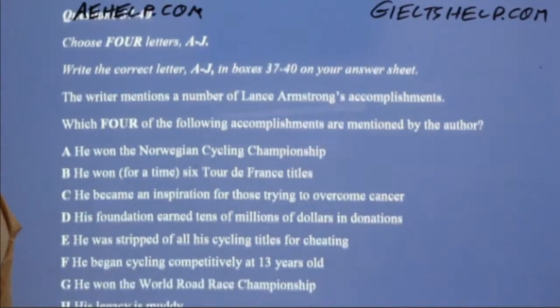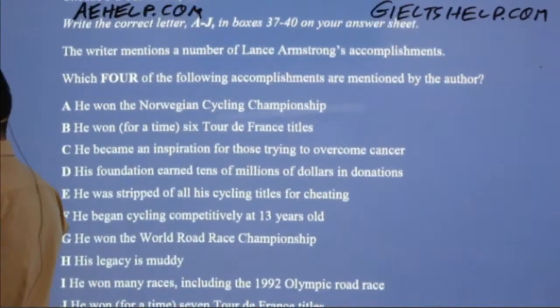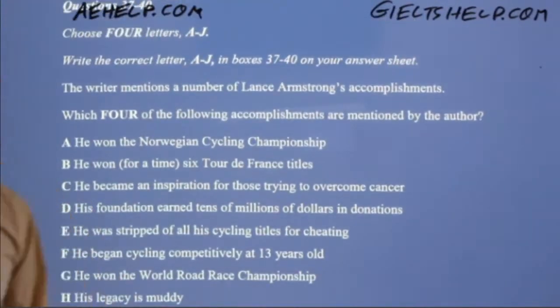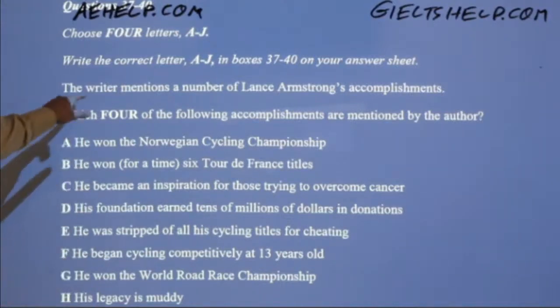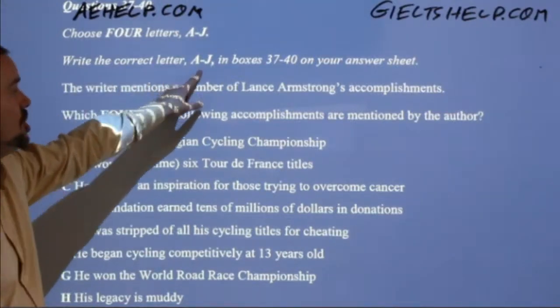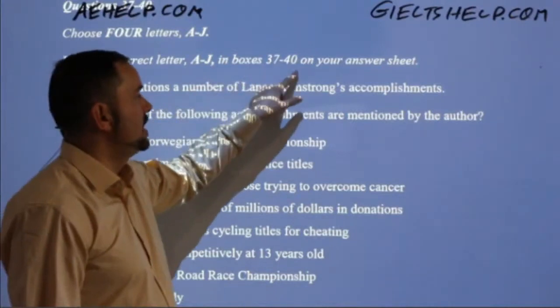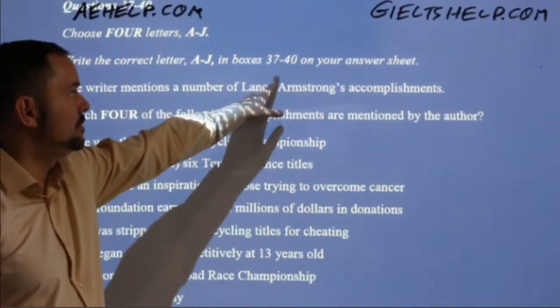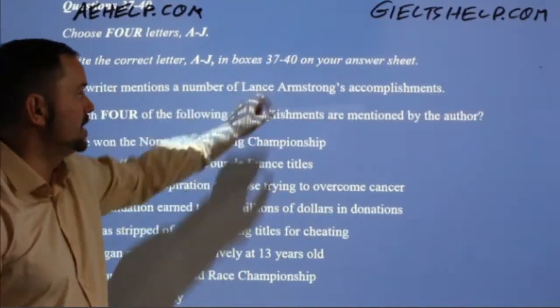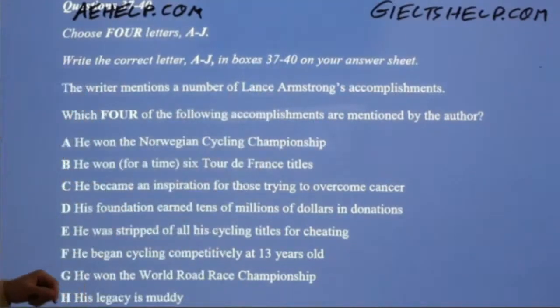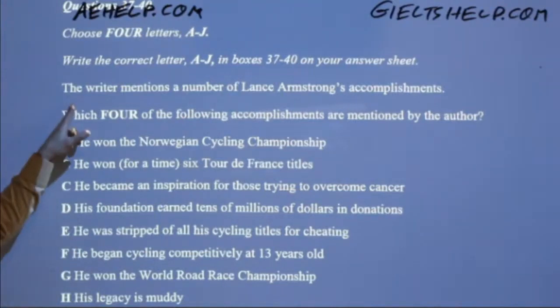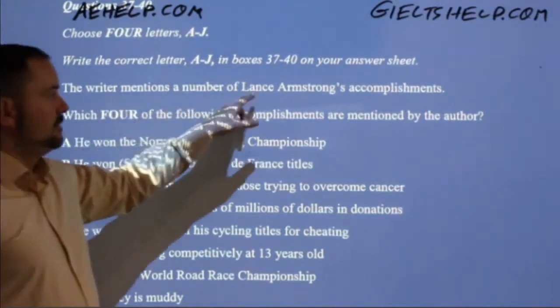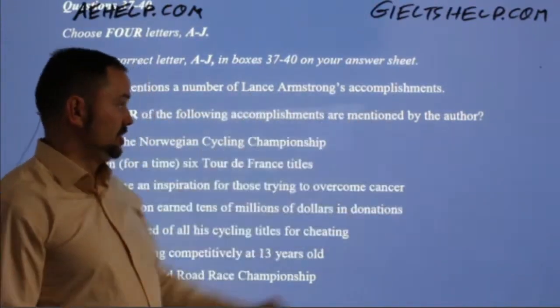And then here we have a multiple choice question. So write the correct letter A to J in your boxes 37 to 40. So here we have 37, 38, 39, 40. We have 4 questions. The order doesn't matter for these. And it says, the writer mentions a number of Lance Armstrong's accomplishments.